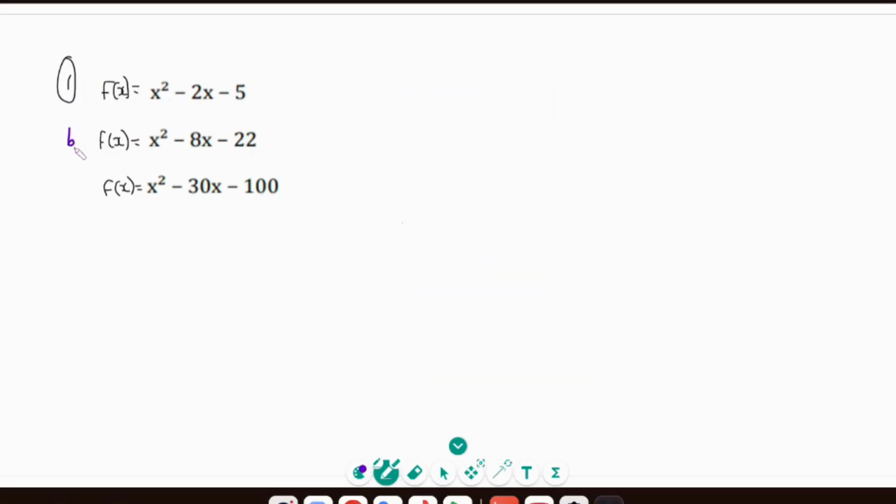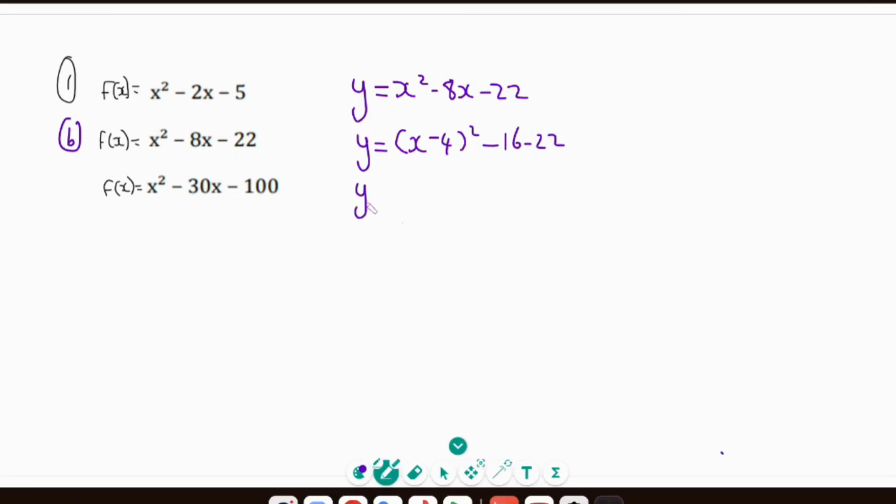Part B. Half of 8 is 4. Add 38 to both sides.